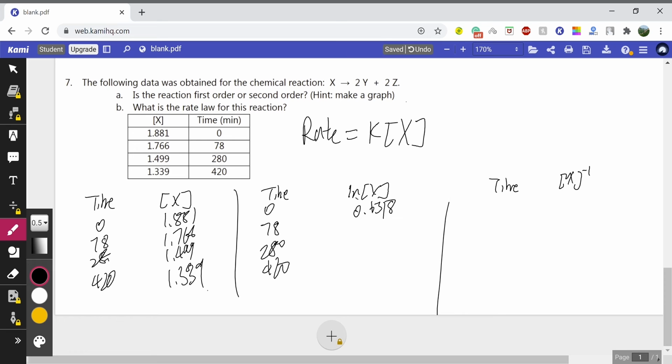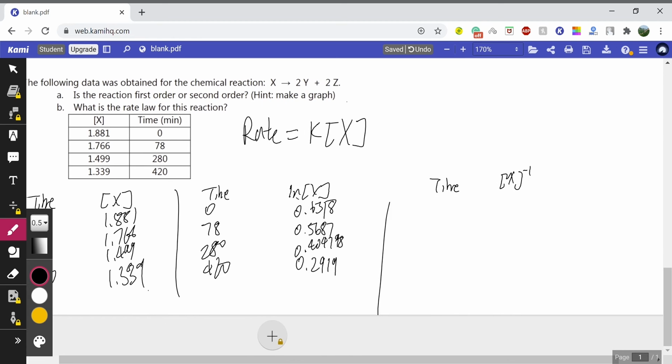The natural log of 1.766 will give you 0.5687. The natural log of 1.499 will give you 0.404798. The natural log of 1.339 will give you 0.2919.